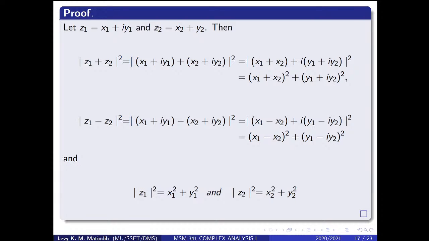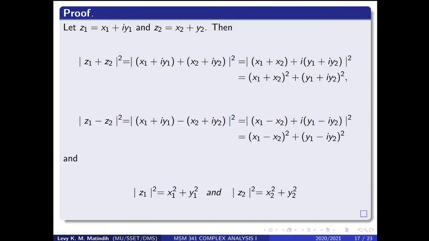When we collect like terms, we add the real parts together and add the imaginary parts together. This will give us the square of the modulus of x1 plus x2 plus i times y1 plus y2. From here, you take the square root of the real parts.